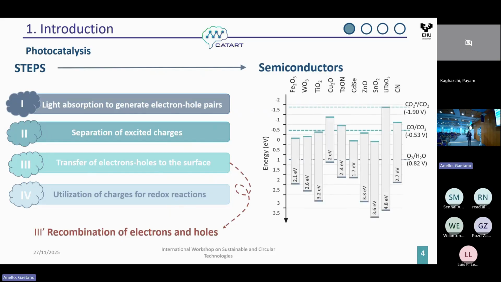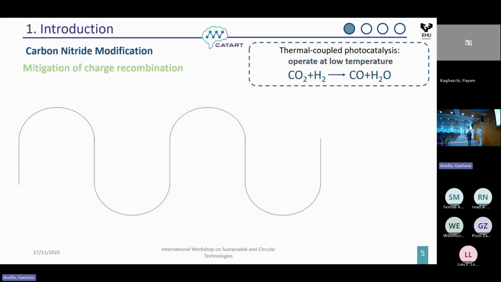The materials that are used in photocatalytic reactions are mainly semiconductors. Among all the semiconductors, such as the widely known titanium or zinc oxide, we decided to use graphitic carbon nitride, not only because it's an eco-friendly material, but also because it's able to absorb light. Moreover, it has a conduction band that is able to reduce CO2 into CO. Our problem is that the carbon nitride by itself recombines a lot of electrons and holes, so we are going to modify it somehow to have a better activity in our reaction.